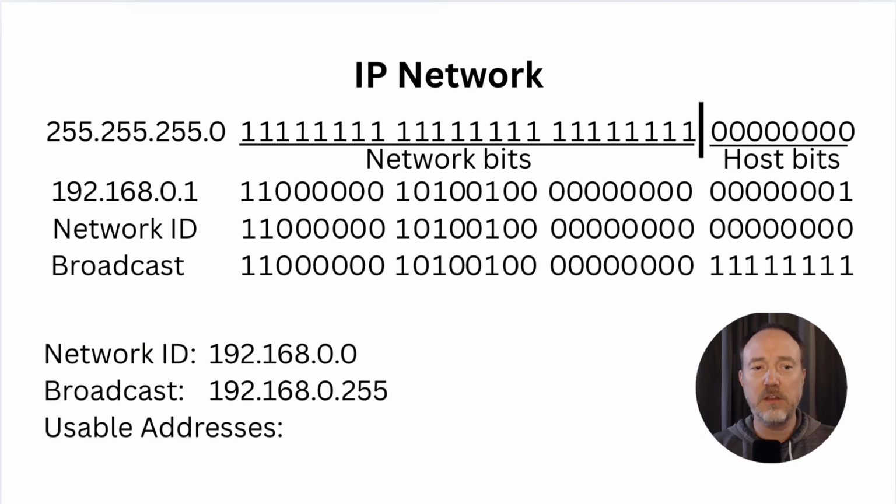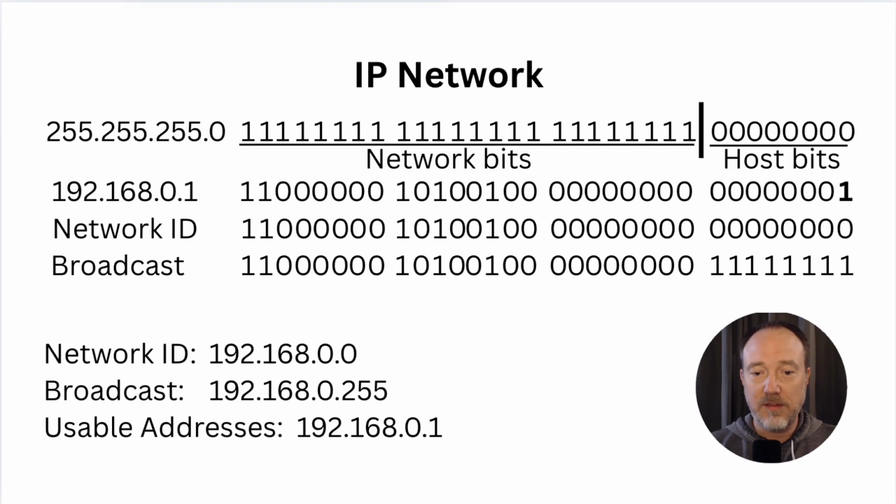So the last thing we need to determine is what IP addresses are part of the same local network as our 192.168.0.1 endpoint. After finding the network ID and broadcast, the usable address space is actually kind of easy to come up with, because it's all the addresses between the network ID and the broadcast.